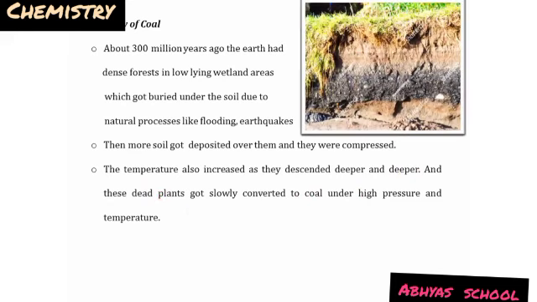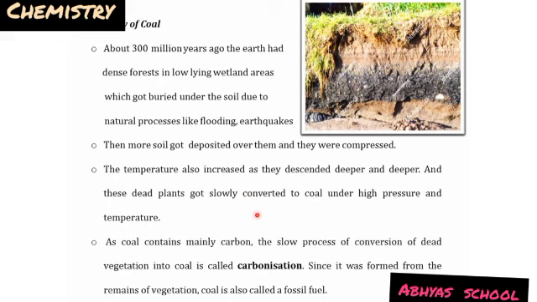So in this image we can find coal here, and then we'll extract and dig out this coal. Since coal contains mainly carbon, the slow process of conversion of dead vegetation into coal is called carbonization. Carbonization is a slow process of conversion of dead vegetation into coal. And since coal was formed from the remains of vegetation, coal is said to be a fossil fuel.